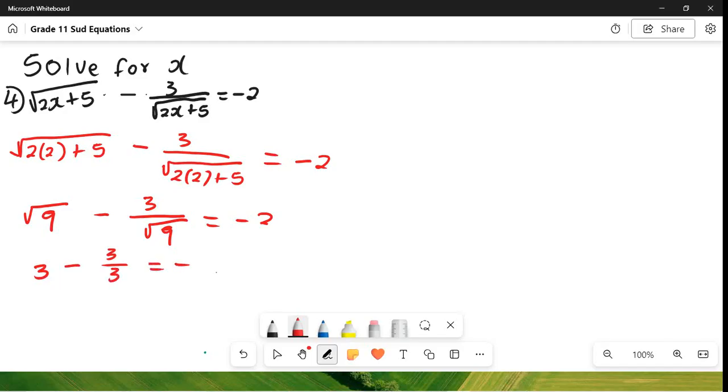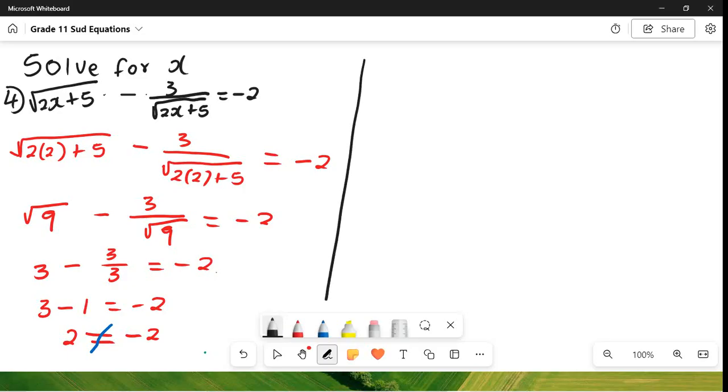And 3 minus 3 divided by 3 equals 1. Here we have 3 minus 1 equals 2. And we want it to be equal to -2. But unfortunately, it's not. -2 and 2 are not equal. So we don't want to make that mistake. Never, ever.